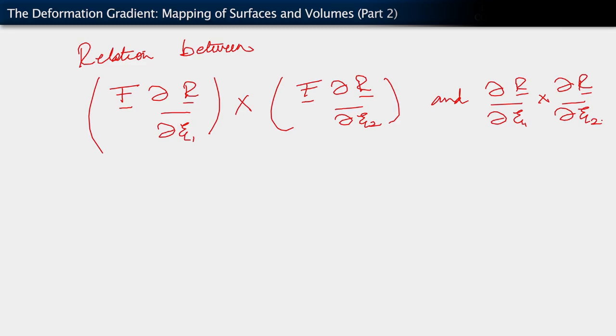To answer this question, we need to invoke a formula that you've probably heard before. The answer is what is called Nansen's formula, at least it's called Nansen's formula in the tradition that I'm trained in. Doubtless it's called something else in other traditions.